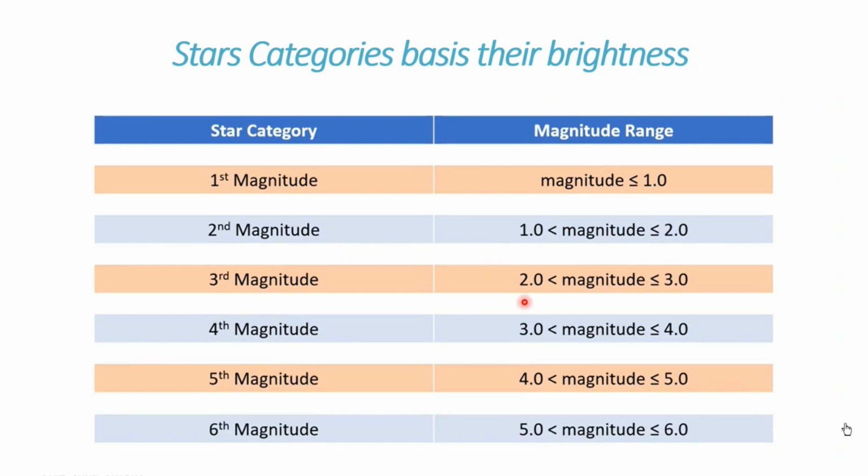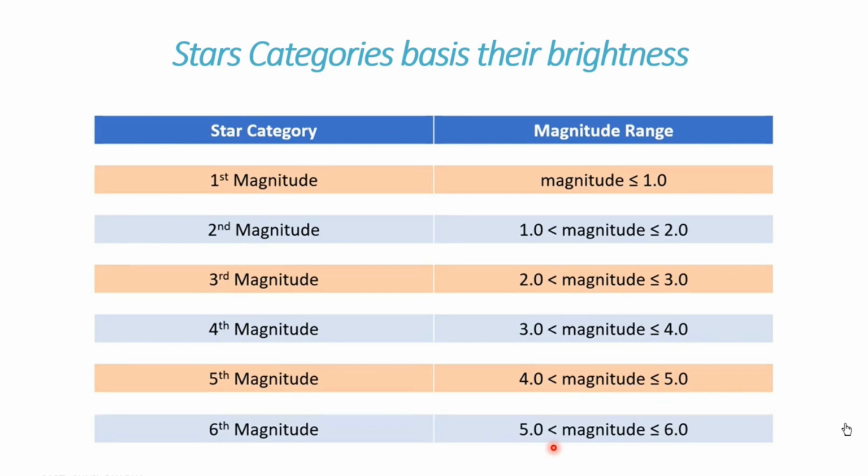Now, after this, stars having magnitude greater than 2.0 and less than equal to 3.0, they fall under the category of third magnitude stars, and so on. Stars having magnitude greater than 3.0, less than equal to 4.0, fourth magnitude. Stars having their stellar magnitude greater than 4.0, less than equal to 5.0, fifth magnitude, and so on.